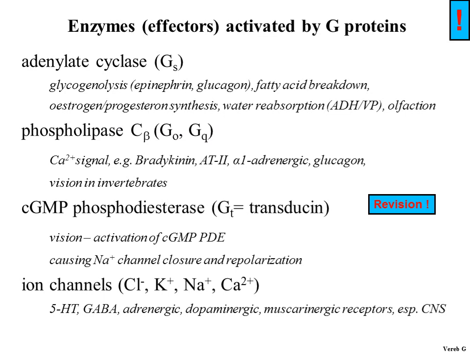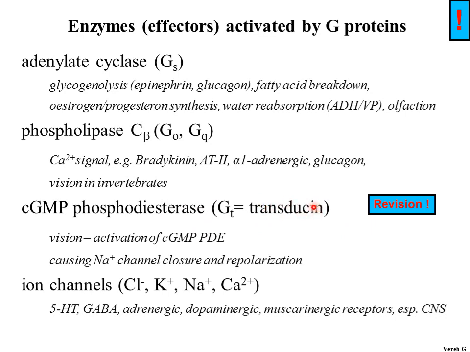The third example of an enzyme which is regulated by G proteins is cyclic GMP phosphodiesterase, and that's regulated by the G protein Gt. T stands for transducin, and once you hear the word transducin, you remember, oh yes, of course, we learned this in biophysics.